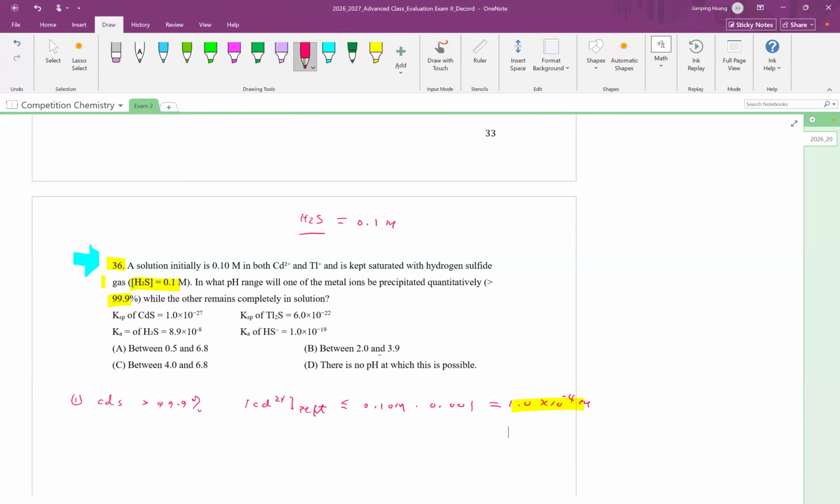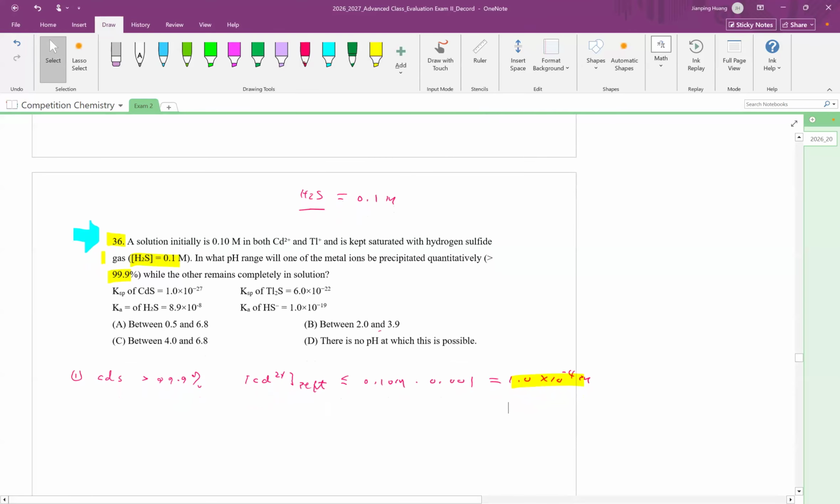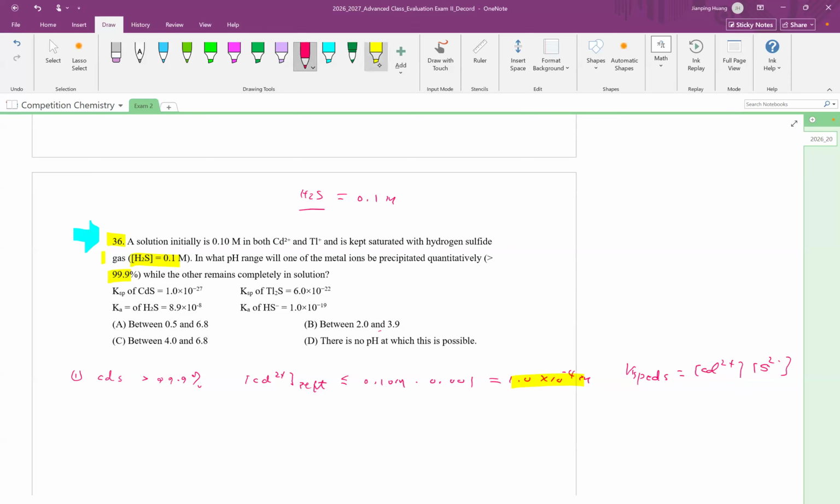Now how can you do that? You look, you find S, because KSP equals Cd2 plus times S2 minus. You need to find the concentration of that one. This one should be not more than, so in other words, what's this? Basically, it's a QSP, right?